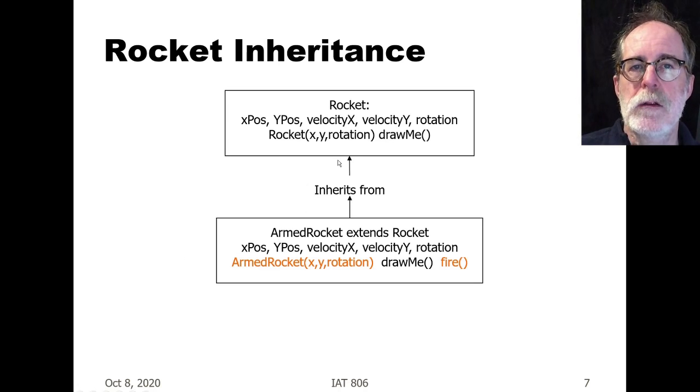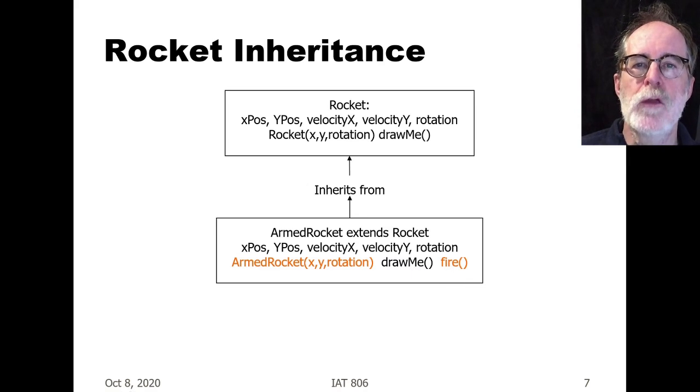ArmedRocket extends Rocket, and the inheritance direction points upward: child points up to parent. ArmedRocket has the same fields with probably some more stuff, like last-fired time or something. And ArmedRocket has a new constructor with the name of the child class, and this new method fire.